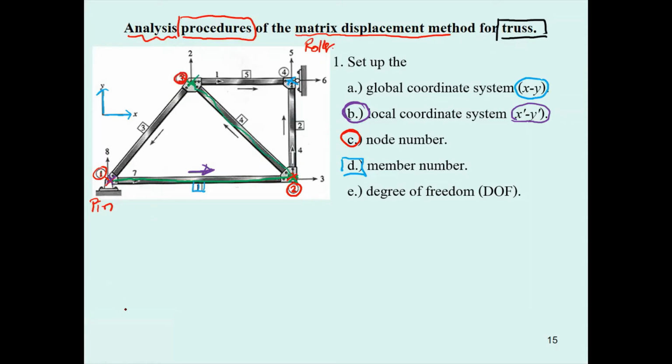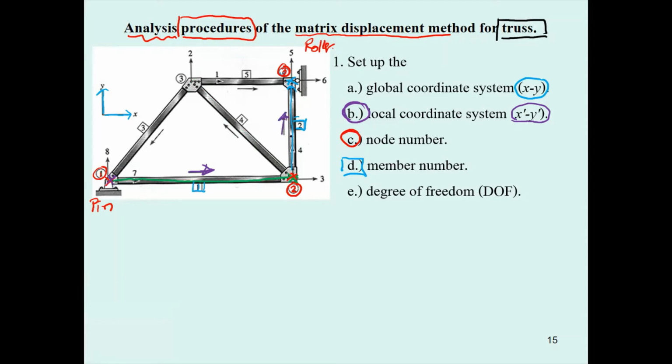Actually, that's not correct, because we follow node number 2 first. Anyway, do that over here. This is going to be node number 3, member number 2, and the local coordinate is in this direction.